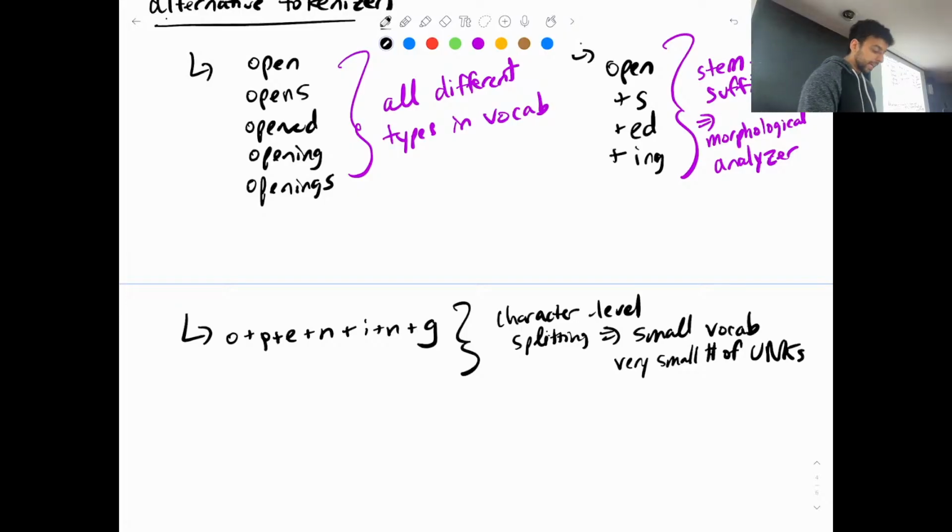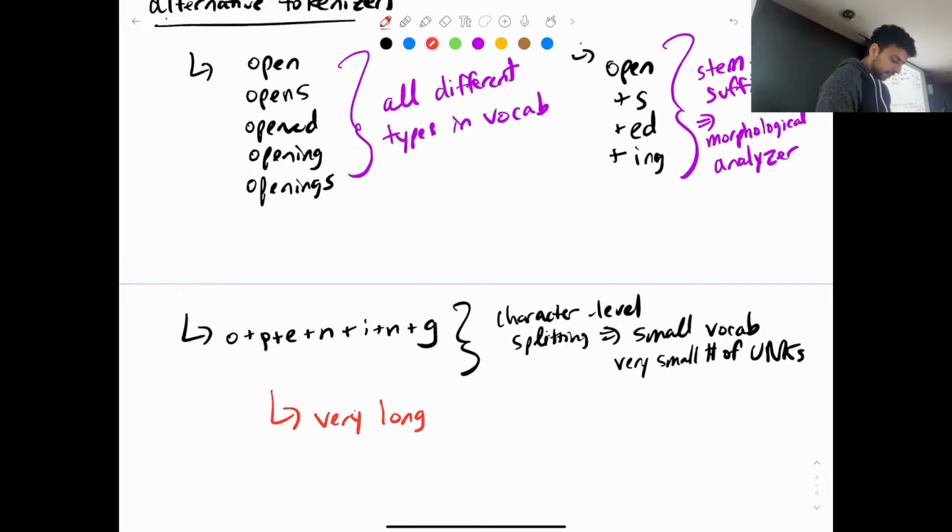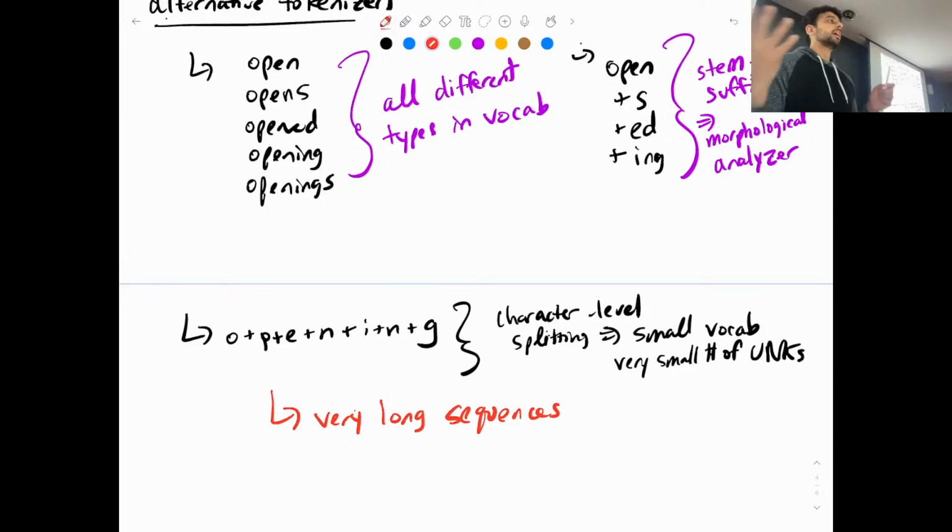Exactly. So the biggest problem with this is very long sequences. And that leads into another issue that we have yet to talk about, which is the complexity of the transformer architecture. Why do we care if the sequences are longer?